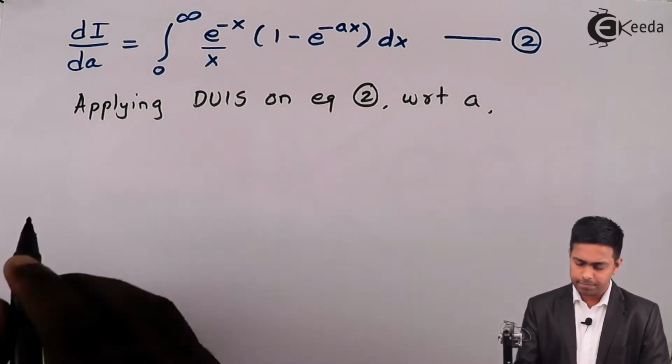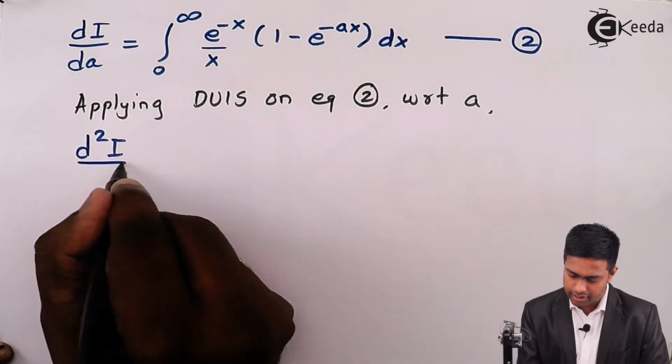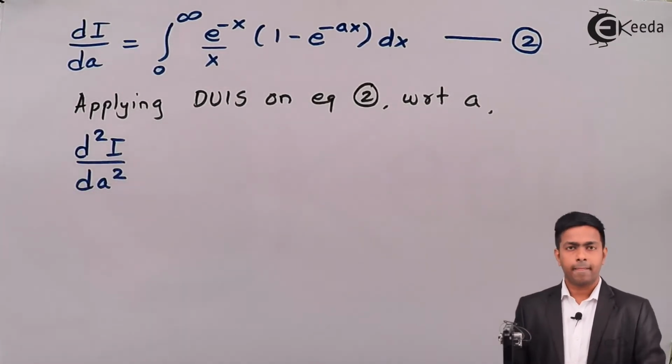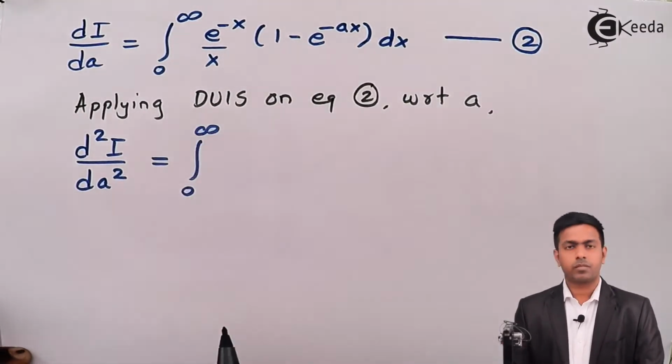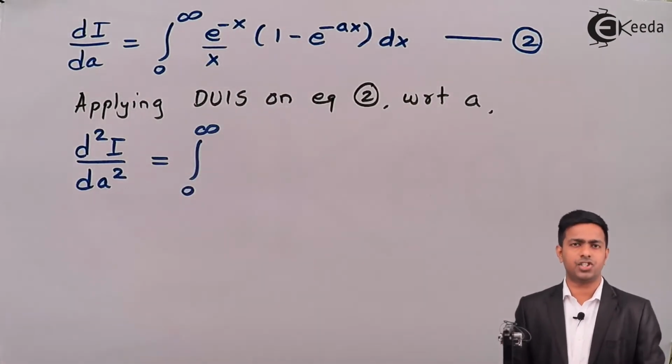So here I'll say by applying DUIS it will become d square I by dA square. Carefully note this step. On the right hand side we'll get 0 to infinity, and we'll differentiate this function with respect to A partially.